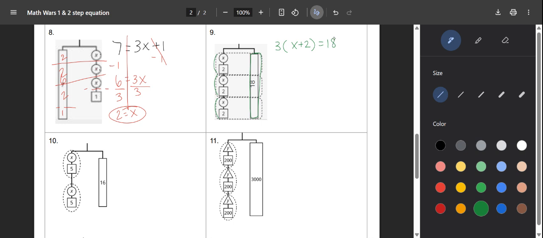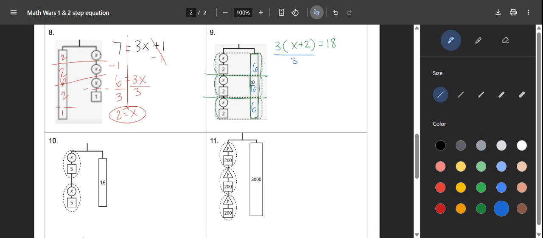I've got 2 ways to solve this. I can try seeing what one group is equal to and solve from there, or I can regroup everything and put all my x's together and all my 2's together and then solve for x that way. We're going to do both, okay? The first one is if 3 groups are equal to 18, let's find out what one group is equal to. I know that if I take 18 and I cut it into 3 equal pieces, I will get 6.